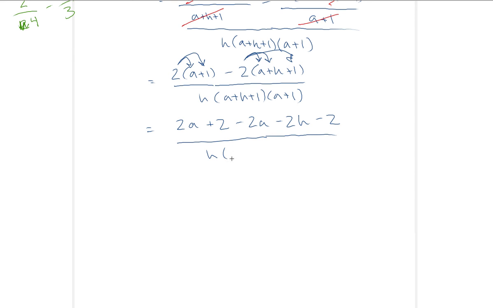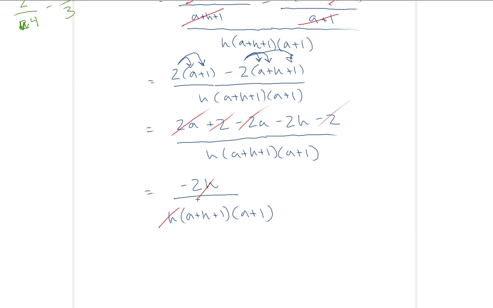And you can already see some nice simplifying that can be done. The 2 and minus 2, the 2a and minus 2a. So I'm left with just negative 2h divided by h, a plus h plus 1, and a plus 1. And then I can cancel those h's, and now I've got it simplified.